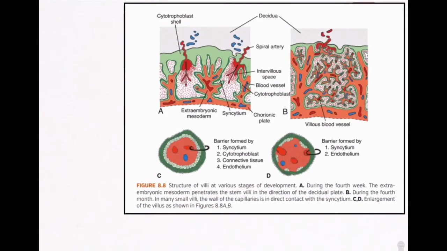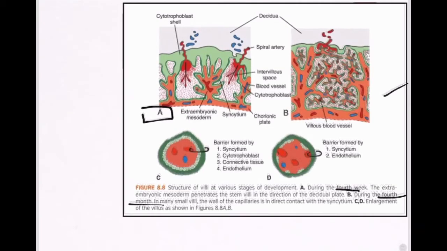Now this is the end of the 4th week over here, then the 4th month directly. So now we're taking a big leap from the 4th week to the 4th month. So let's discuss the changes that take place. Okay, so change number 1 is the development of a cytotrophoblast shell.